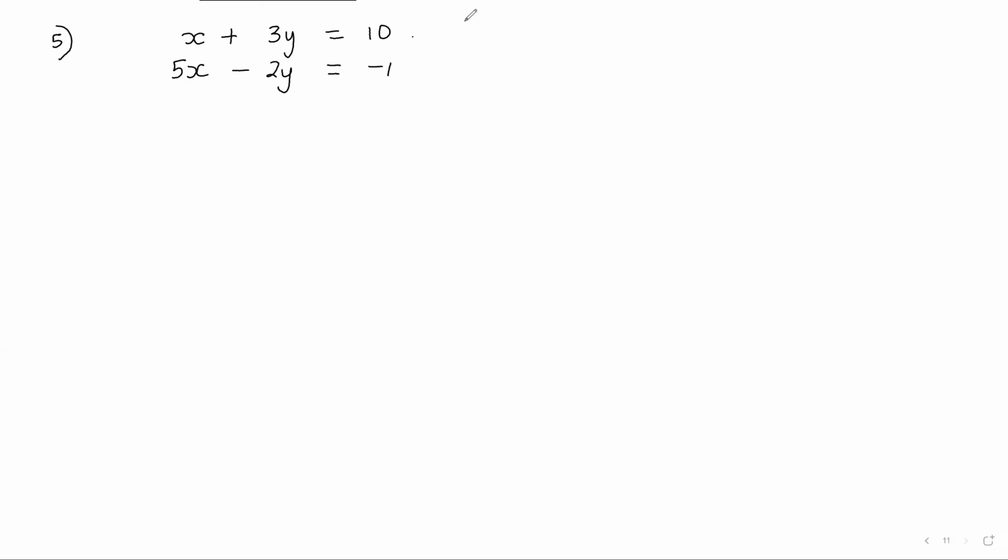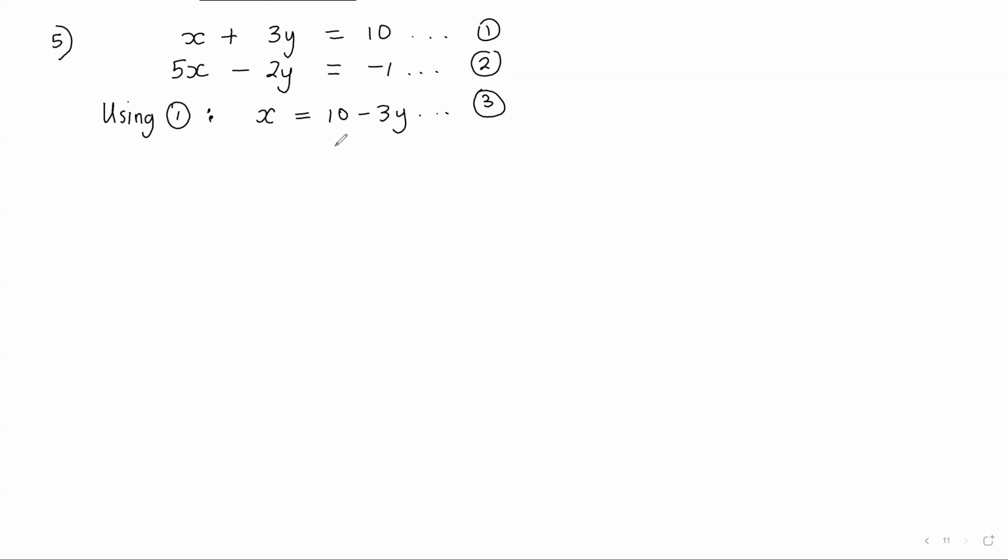Well, this is equation 1, and this is equation 2. Again, I have 1x in equation 1, so I'm going to use equation 1 to make x the subject. I'm keeping x on the left-hand side, and I'm moving 3y to the right-hand side, so it will become -3y. And that is my third equation.